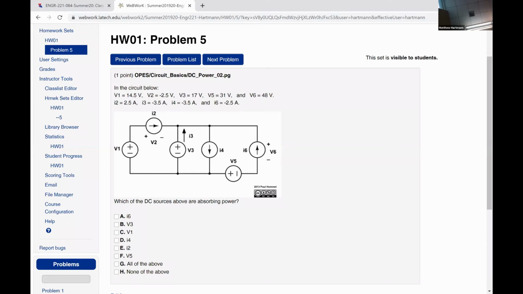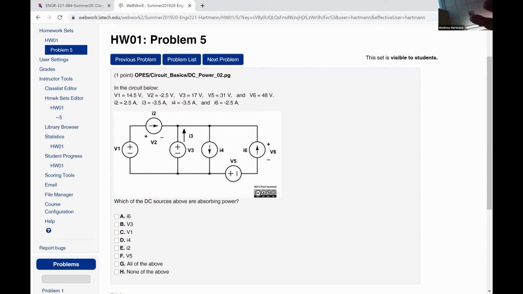For the current source labeled I4, I4 is flowing into the positive polarity terminal. The current is negative, the voltage is positive. So I4 is not absorbing positive power. Now V5, the current I6 flows into the positive polarity terminal.